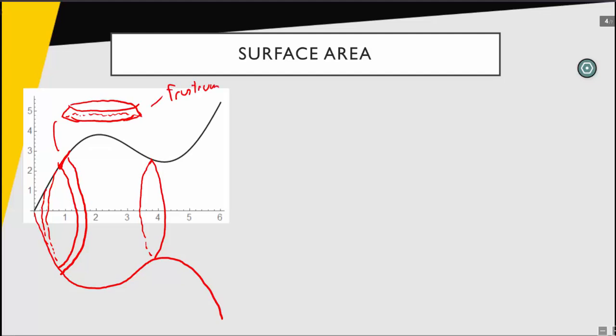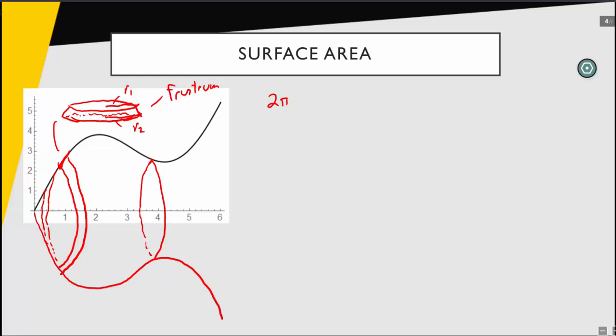Now, what is the lateral surface area of this frustum? Well, if it was a cylinder, we would just take the circumference of that top circle, so 2 pi r, times the height of my cylinder. But now we don't have a cylinder, so we have to modify this a little bit. Here I really don't have just a radius. I have a radius for the top circle, r1, and a radius for the bottom circle, r2.